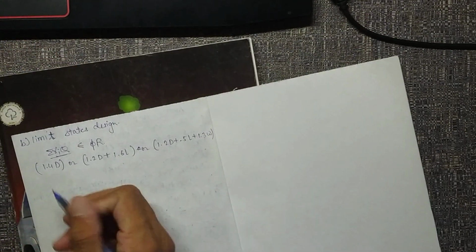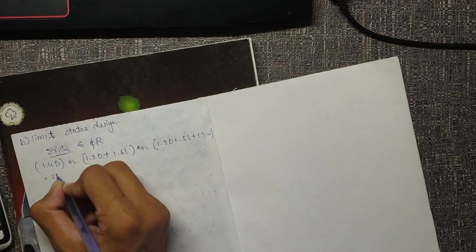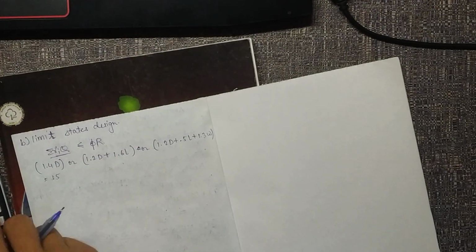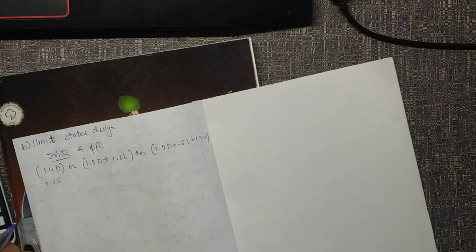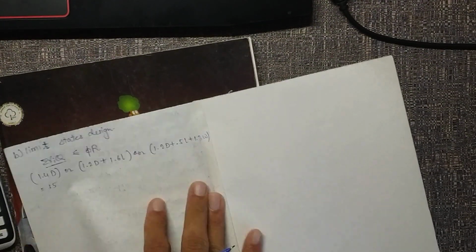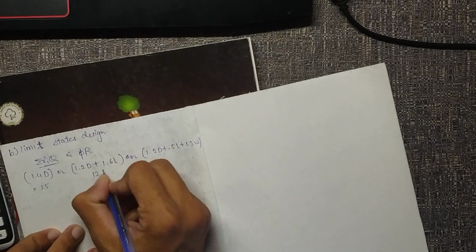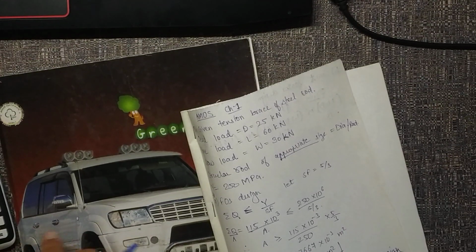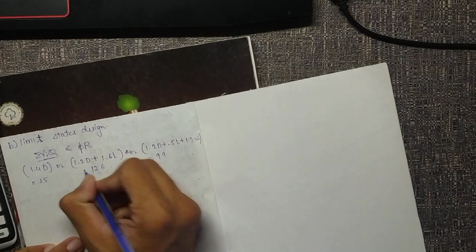So putting these values, this should be equal to 1.4 into 25, this is 35, 1.2 into 25 plus 1.6 into live load, which was 60. So it comes around 126, and this is 1.2 into 25 plus 0.5 into 60 plus 1.3 into 30. Okay, so this comes around 99. So this is the maximum.